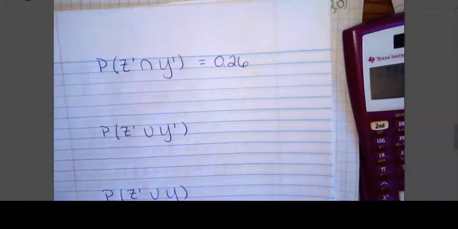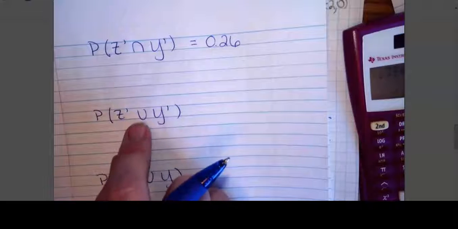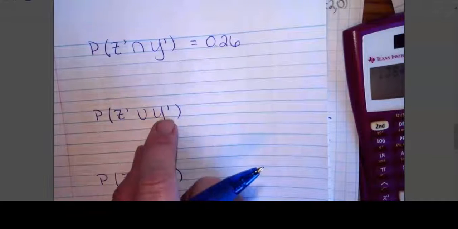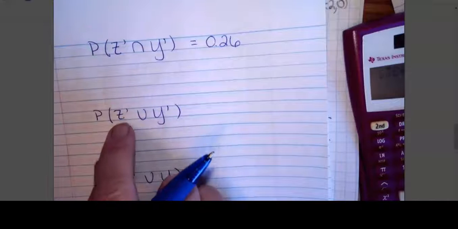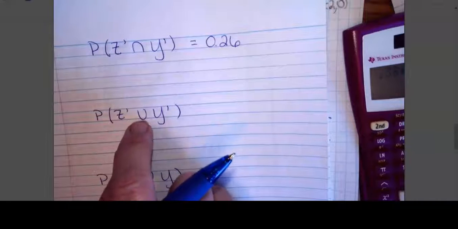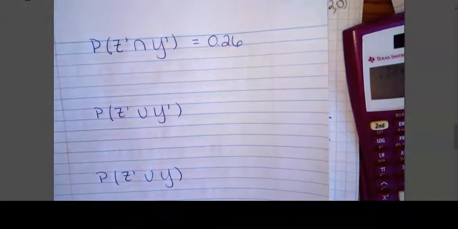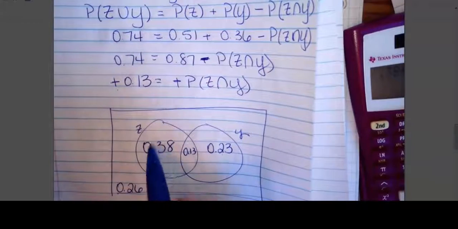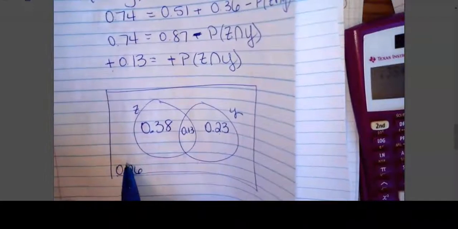This is going to say the probability of not Z union not Y. So this is going to be read as or. Okay, so the probability of not being in Z or not being in Y. Okay, so how is this going to work? Well, if it's in here, it's in Z. If it's in here, it's in Y. If it's out here, it's not in either.